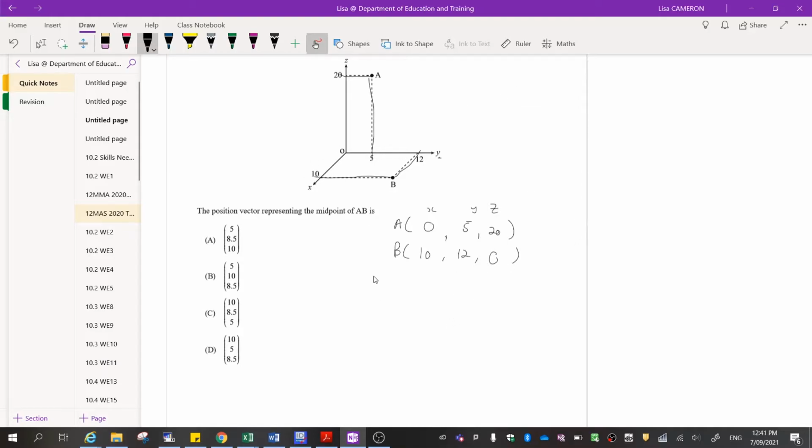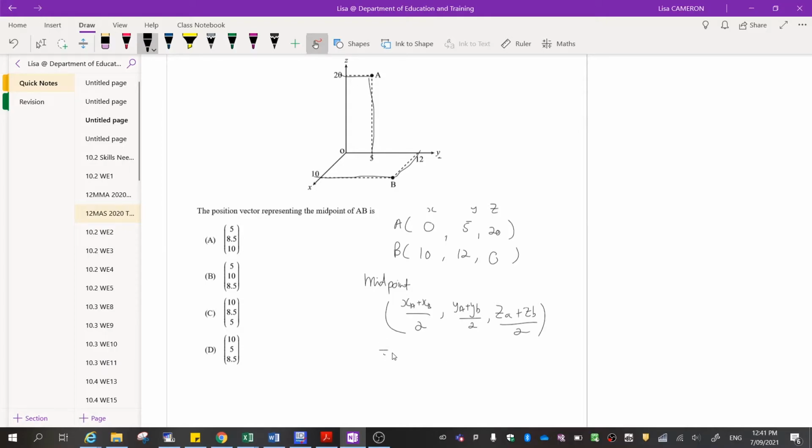So now if I want to find the midpoint of this, I need to chuck it in my formula of xa plus xb over 2, and then I'll do the same for ya plus yb over 2, and then the same for za plus zb all over 2.